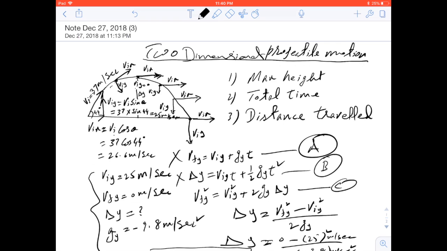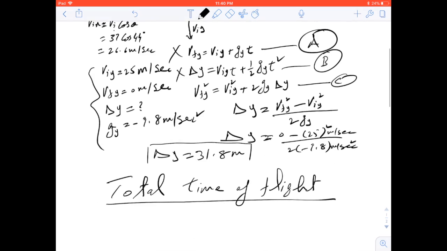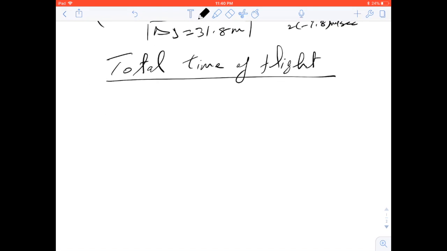If we calculate the time from the launching position, the initial position, to the point where the velocity of the y component is 0, we will calculate half of the total time of flight. After calculation, you'll be able to understand this in a better way.